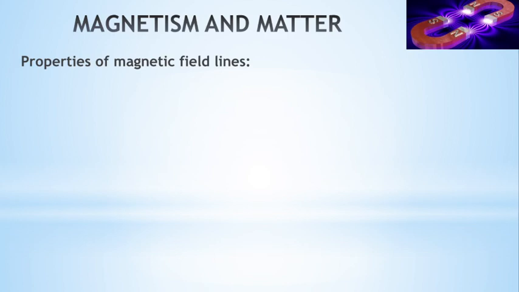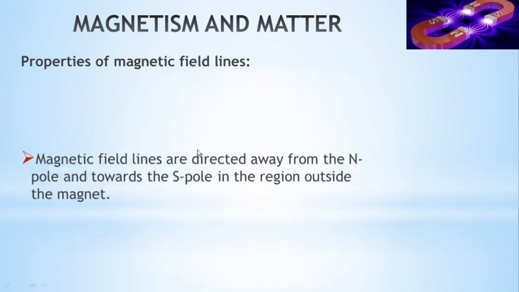If it is electric field lines, this belongs to the first chapter. If it is magnetic field lines, this belongs to the fifth chapter. Therefore, before writing the answer, you should see the word magnetic or electric. Now we are discussing the properties of magnetic field lines. Let us discuss one by one.